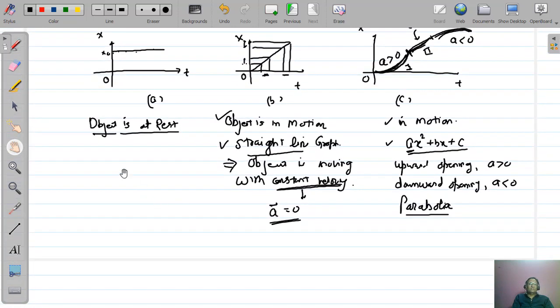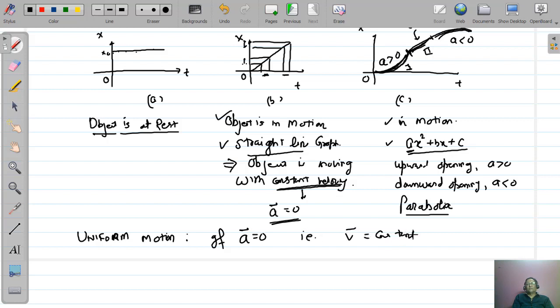Hence, we can define two terms: uniform motion. A body is in uniform motion if acceleration is 0. That is, velocity is constant. If an object is moving with constant velocity, we can say it is in uniform motion.